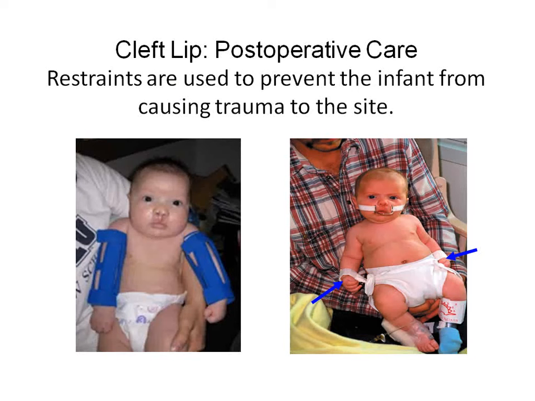Shown are elbow and wrist restraints, and for an older child, a jacket restraint may be used. Some surgeons may not advocate using restraints. However, you still need to know that it is only a preference to not use them, and this theory still presents documentation to support the use of restraints following a cleft lip repair to prevent the infant from injuring the suture line.